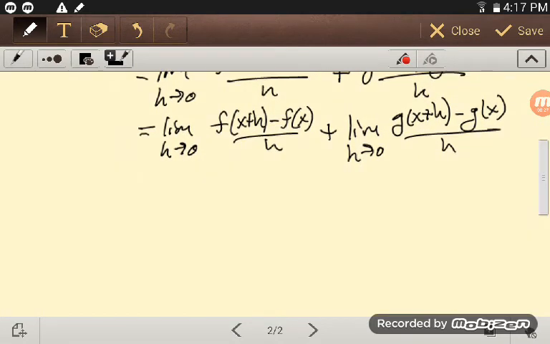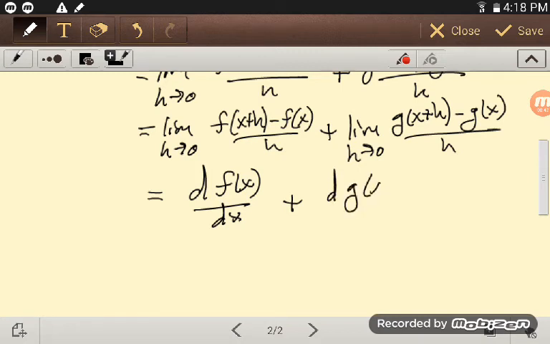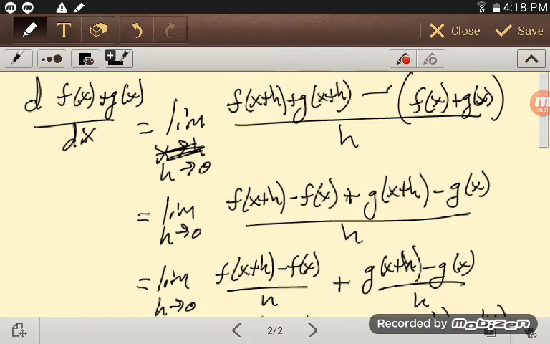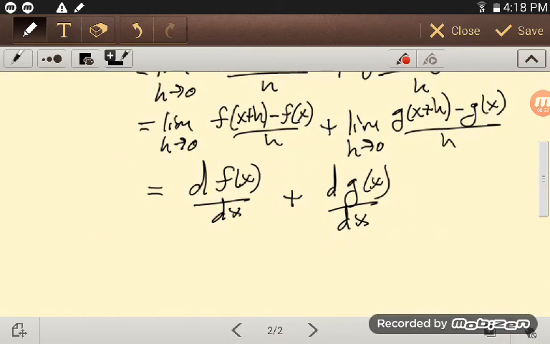So I've got those two separate limits, but we know that this first limit is f prime of x, or df of x dx, plus g prime of x, or dg of x dx. And so there we have it, that derivative of the sum can be written as the sum of the derivatives. And with the minus, same thing.